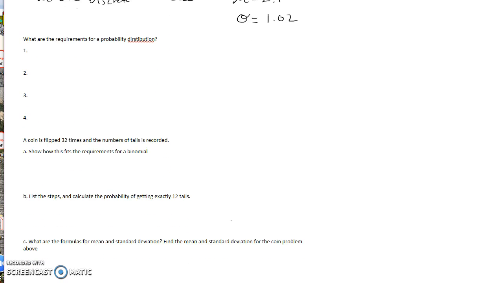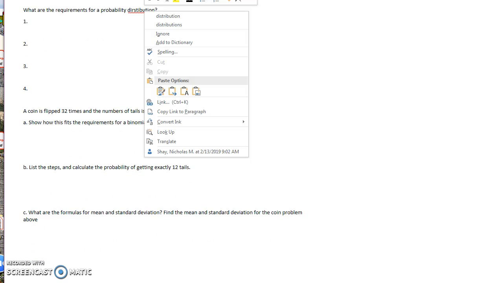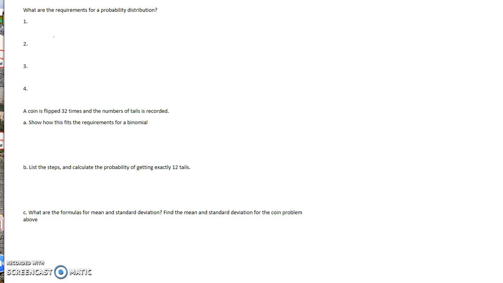All right, the next thing we're going to start to take a look at is a probability distribution. What are the requirements for a probability distribution? Here they are right here, and then we'll talk about examples in a second. There is a fixed number of trials.